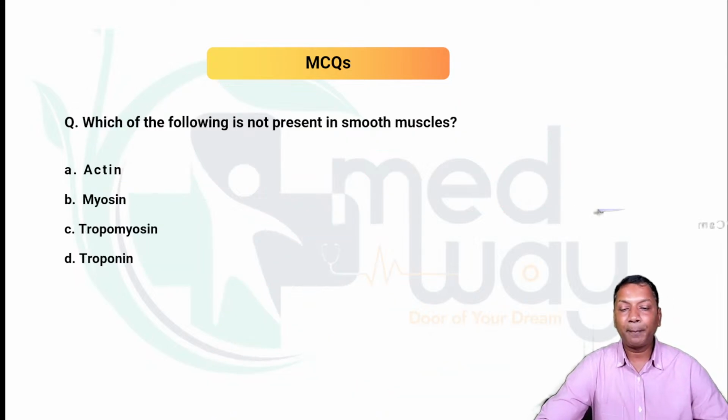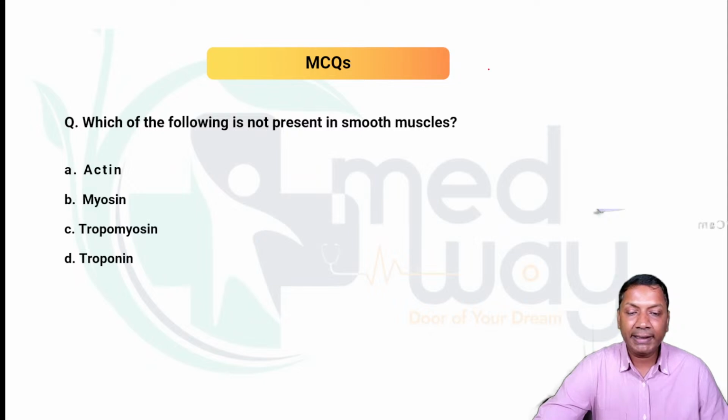The next question is, which of the following is not present in the smooth muscle? Out of these, you know very well about the myofilament.